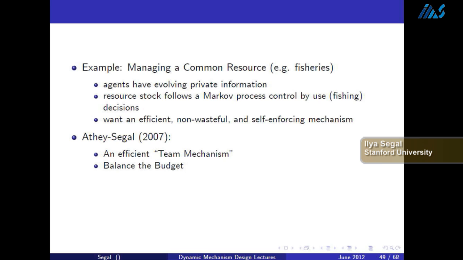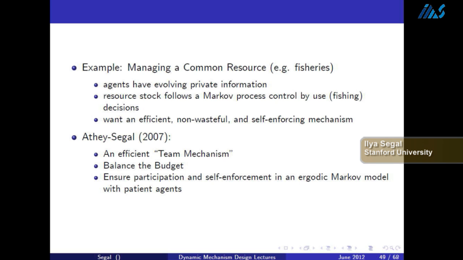But the thing that's a little bit harder is to balance the budget. So the second step is to construct a mechanism that is efficient, but also not wasteful in the sense that the sum of the transfers adds up to 0. You don't have to waste any money.